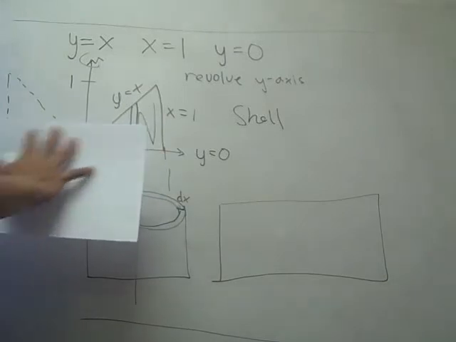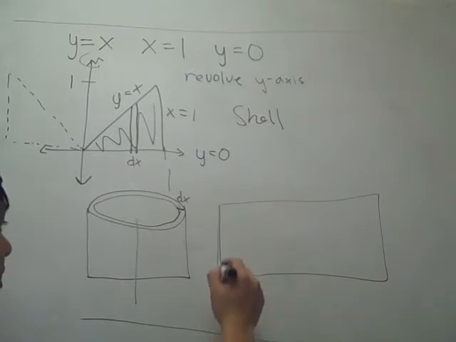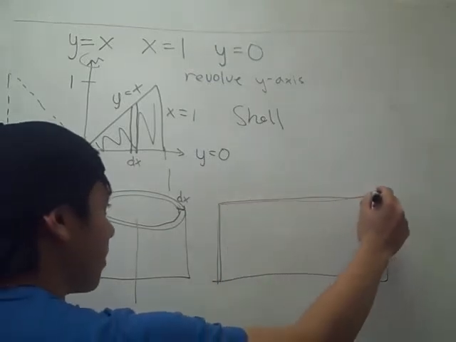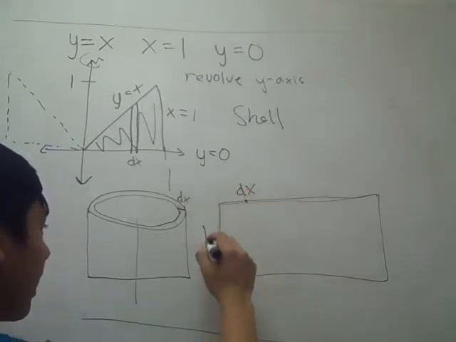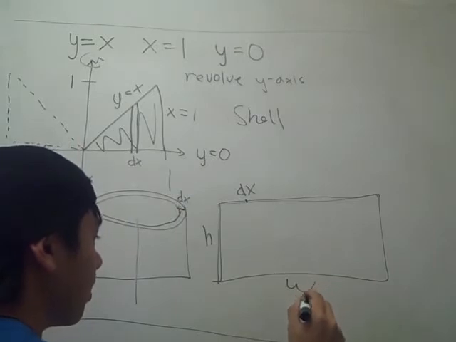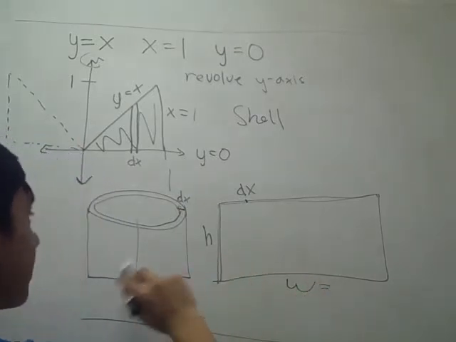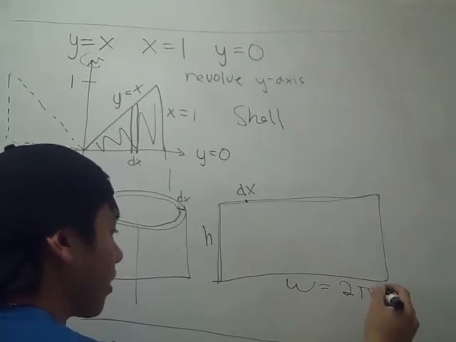And then to find the volume of the sheet of paper, it's just area times thickness. The thickness of this piece of paper is dx, with a height and a width, which is equal to the circumference of the shell, which is 2 pi r.